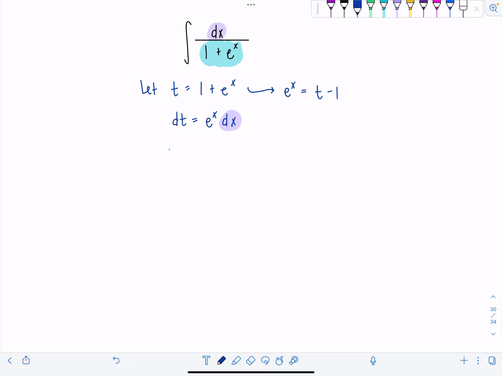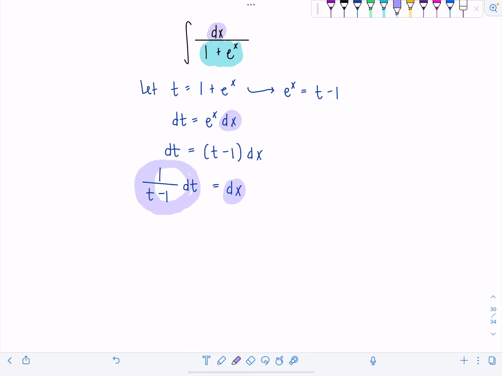And now I can rewrite dt as, instead of e to the x, it's t minus 1 dx, right? So then 1 over t minus 1 dt is equal to dx. So in my integral, I'm going to replace that dx in the numerator right here with all of this, 1 over t minus 1 dt.